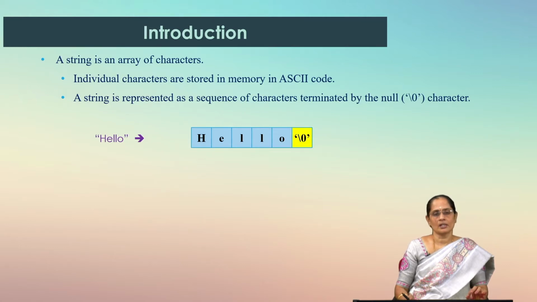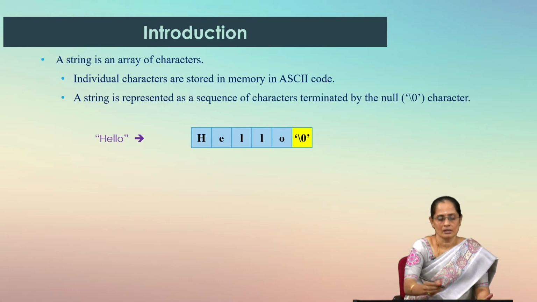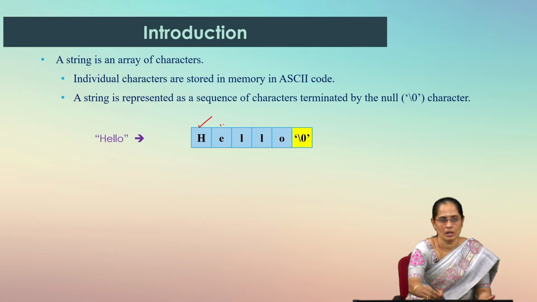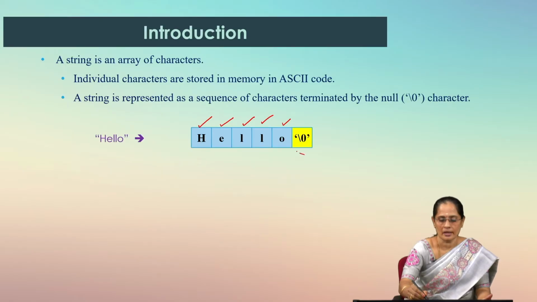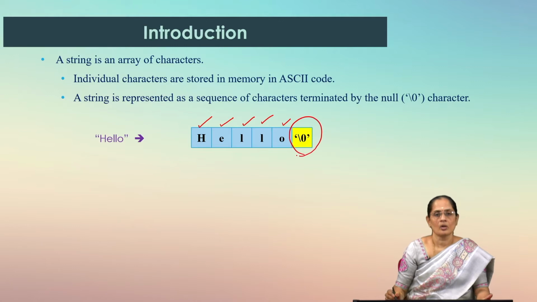Here we can see in the example a character array which holds 5 characters. We can see the characters H, E, L, L, O stored in 5 contiguous locations. But there is a small thing to be noted: there is a character at the end of the string called the null character. The significance of the null character is that it indicates the termination of the string.